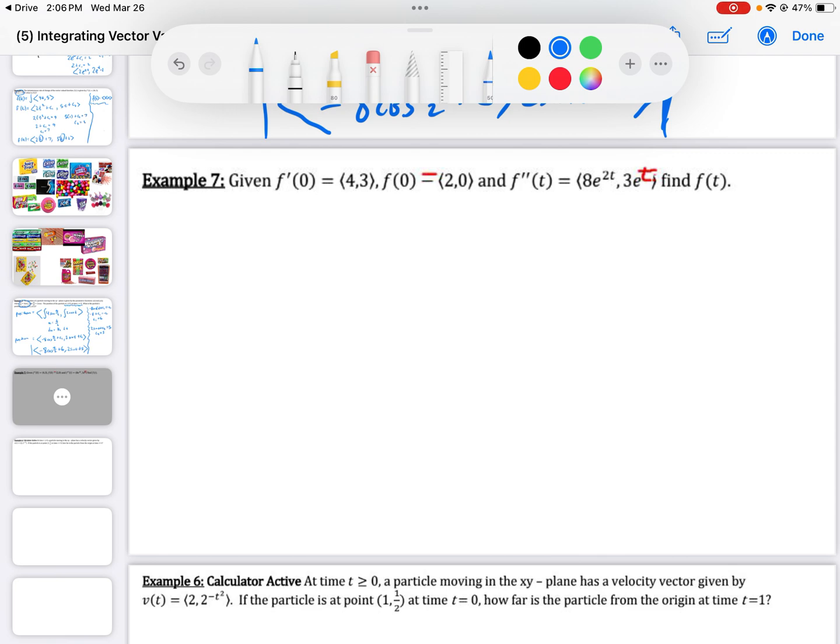All right, so this one's just doing a couple steps. We're trying to find f. So given the second derivative, we're going to find the antiderivative to get to the first derivative. And once we have the first derivative, we use the initial conditions to find and do the antiderivative of that to get the initial function f.